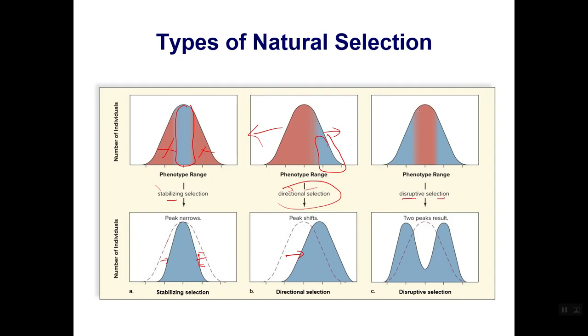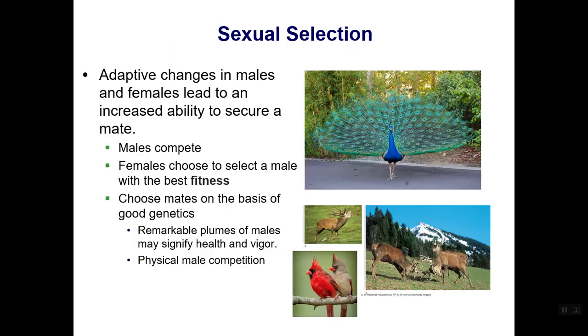So think of it like this: we're disrupting that peak. These are the organisms that are not going to have the ideal traits, and these are. So we're going to see after time, this distribution curve is going to separate into two separate peaks because the intermediate phenotype that was here died. Okay, so that was natural selection.